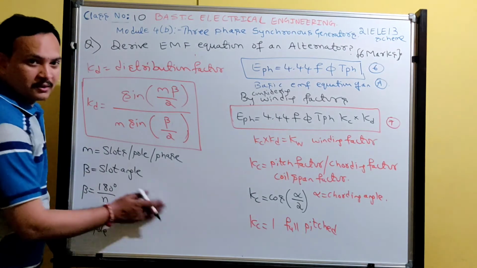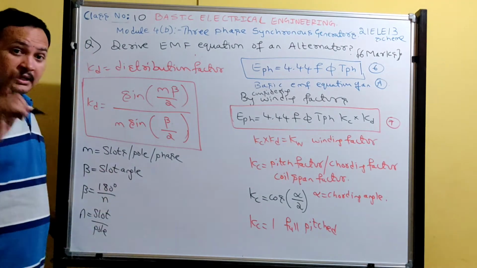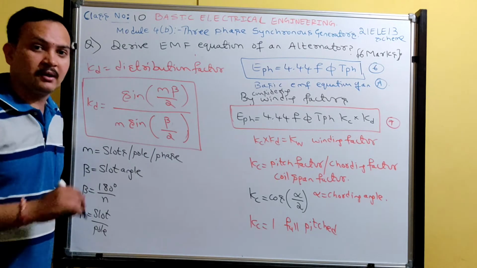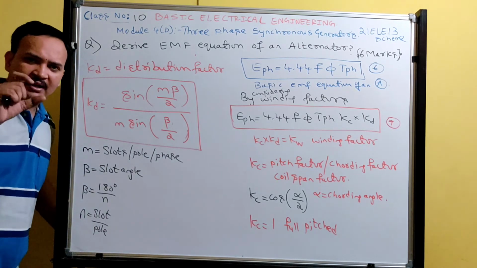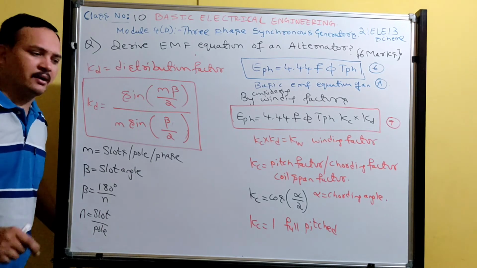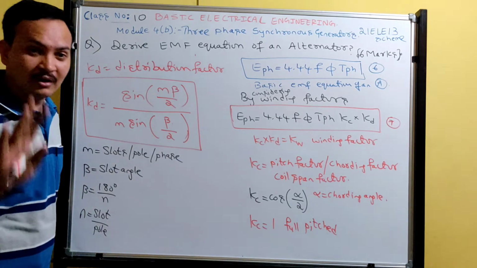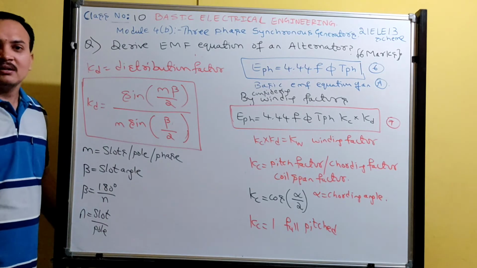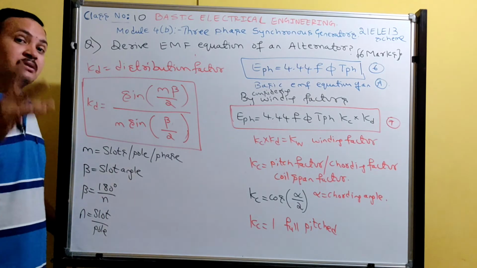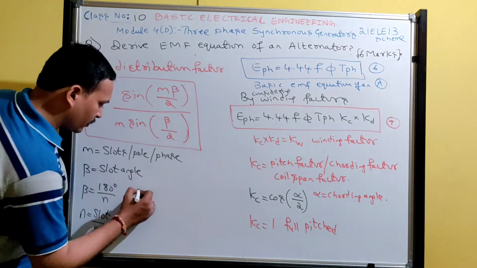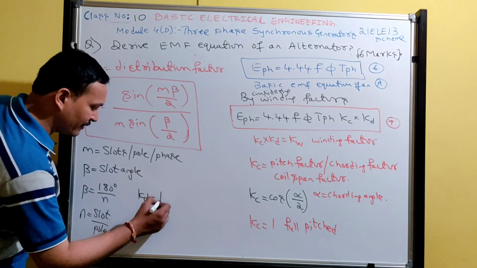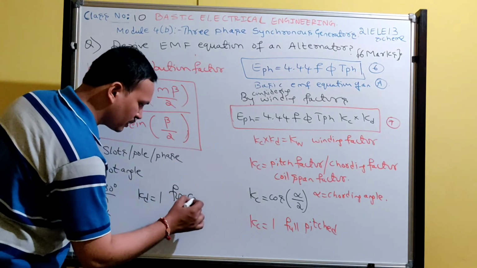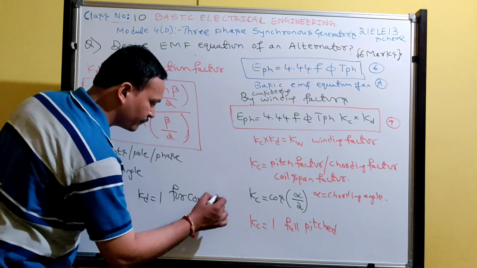Okay guys, got it? Now, in a question, they will give that the winding is distributed. They will specify in the question the winding is distributed. Under that condition only you must calculate Kd. In the remaining condition, don't calculate Kd. You take Kd value always 1 for concentrated winding.